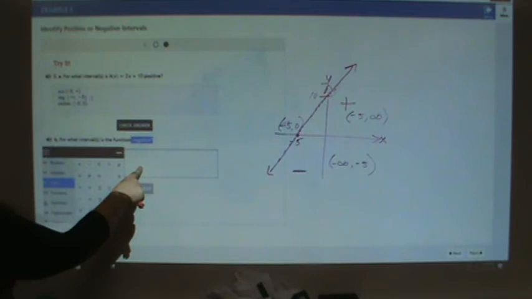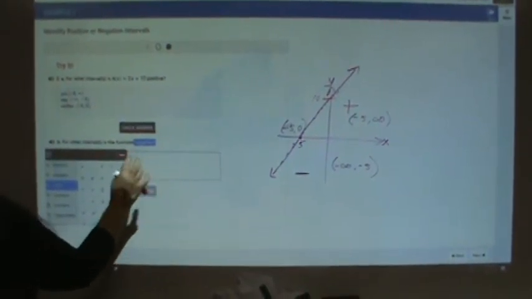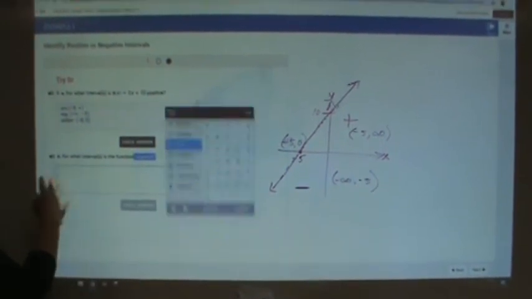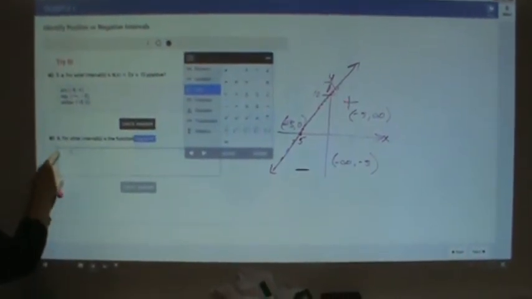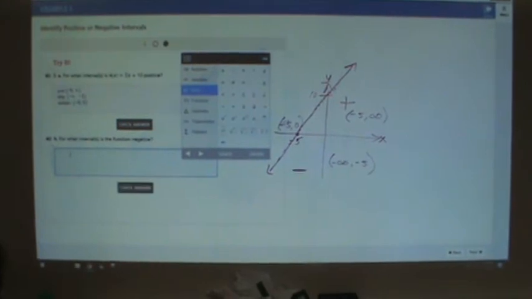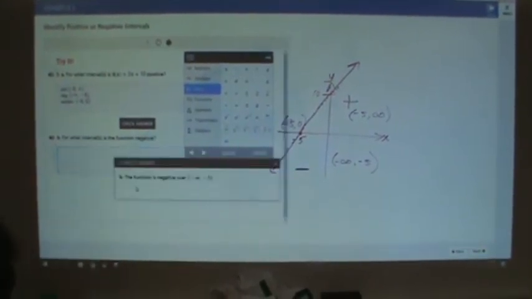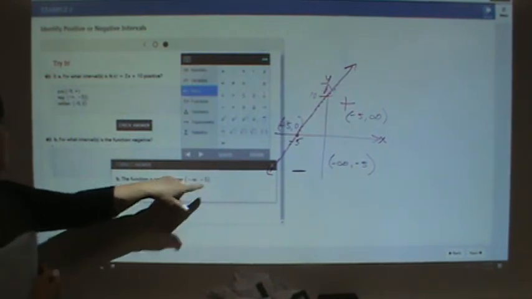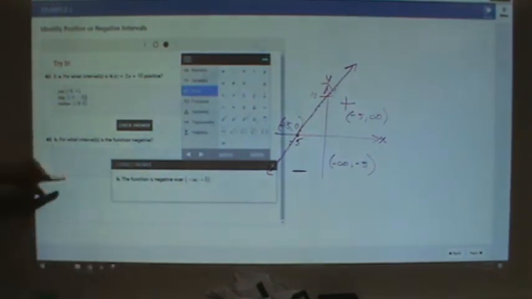Now, let's come down here. Leave this alone. Just put a point or something down here in this box. Put a period or whatever. Okay, hit the check answer. Now you notice the function is negative over negative infinity to negative 5. So this right here should have gone down here.